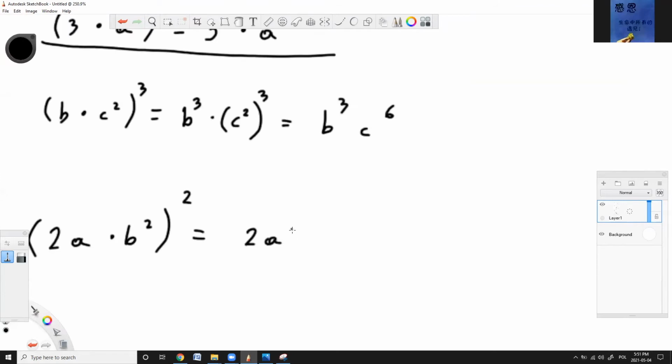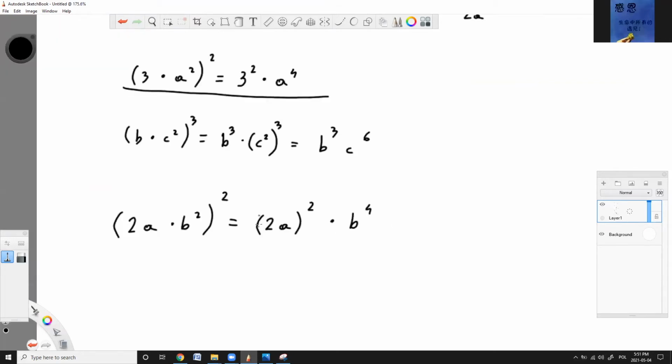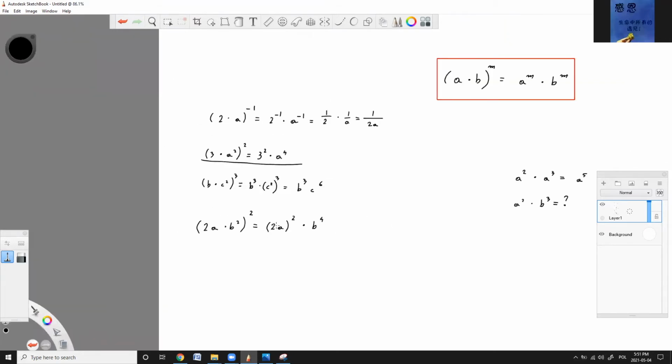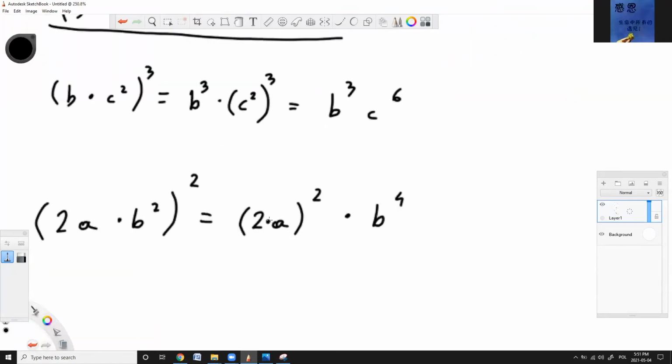Now, depends how you write it. So it's 2a to the power of 2 times b to the power of 4. This part is very well. Now, here, again, we have the same thing. It's kind of a law within the law. So now if you simplify it, what does it equal to? Apply the exponent to all of the terms.